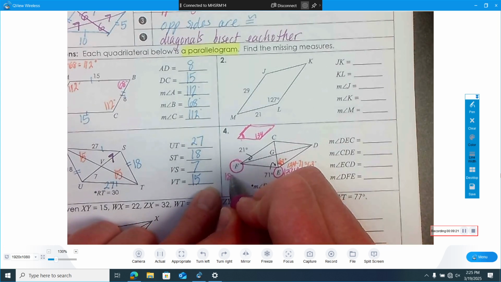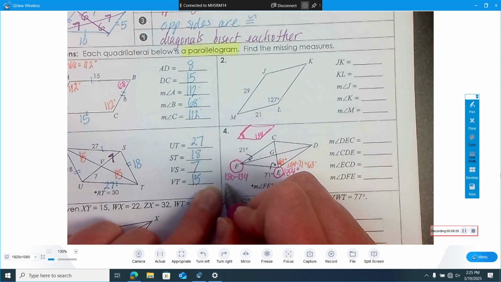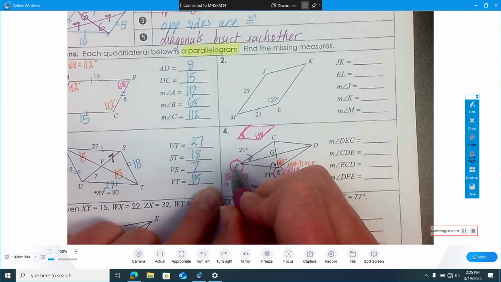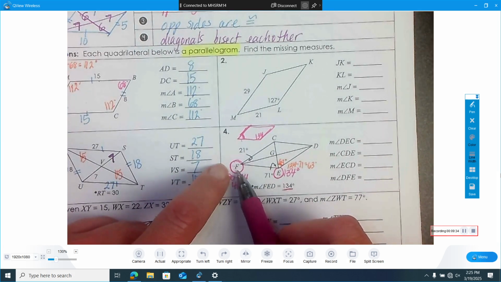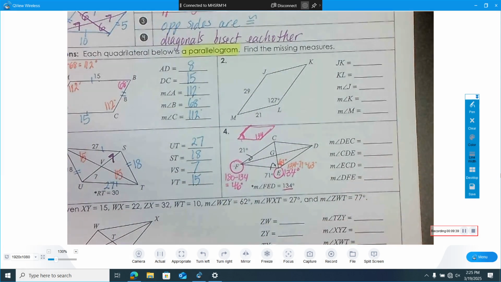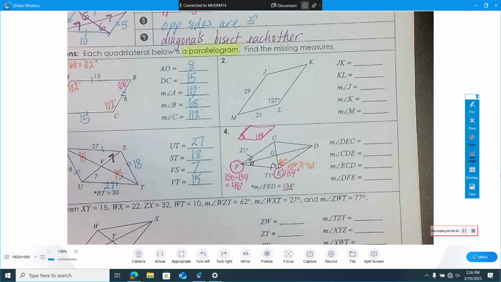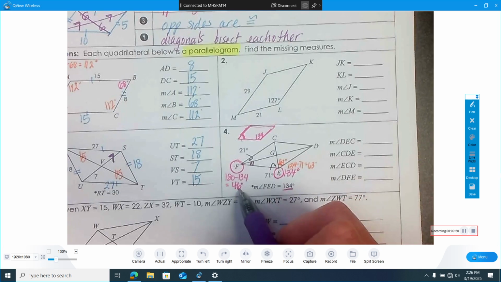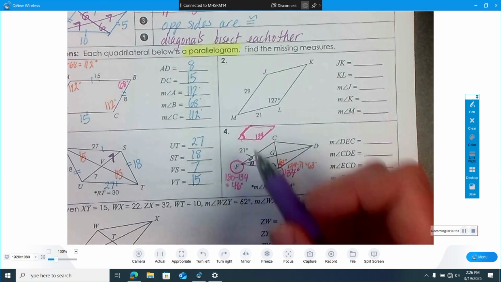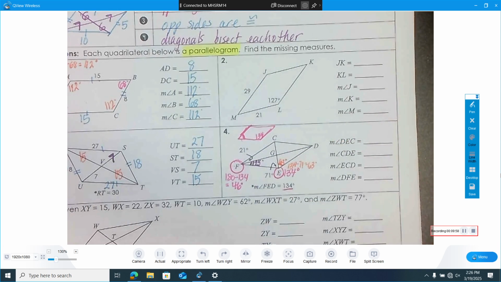Yeah, so the whole 180 minus the entire 134 will give us angle F. So that turns out to be 46 degrees for angle F. All right, angle F, the whole angle is 46 degrees. I have a little bit that's 21. Can I figure out this piece right here? 46 minus the 21 will give me the little leftover piece here. 46 minus 21 is 25 degrees.